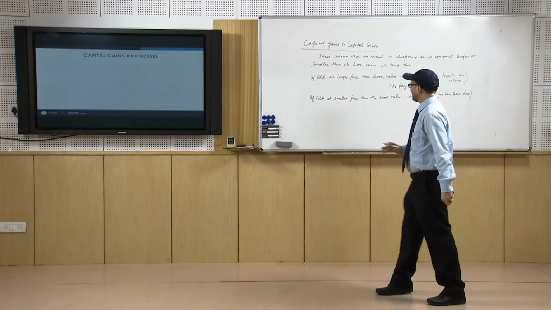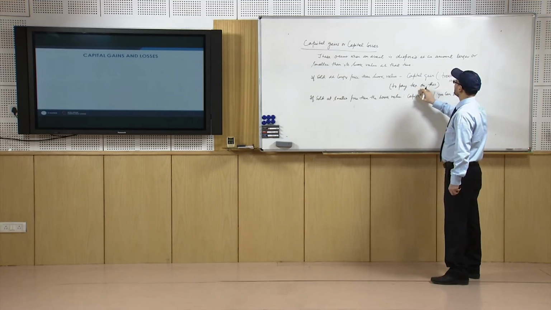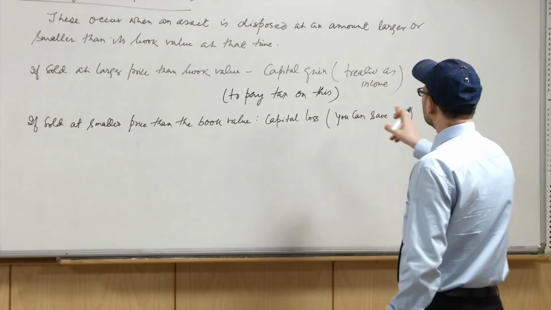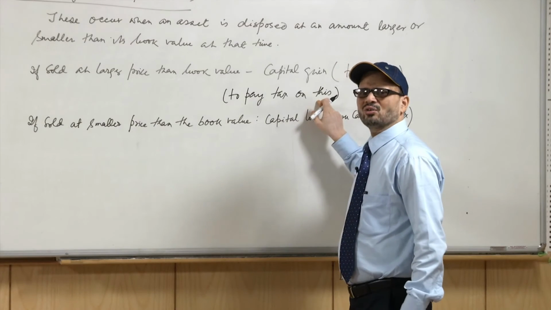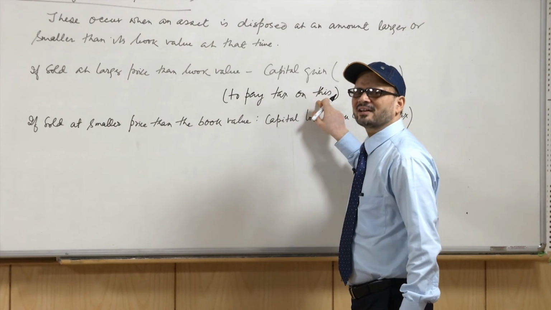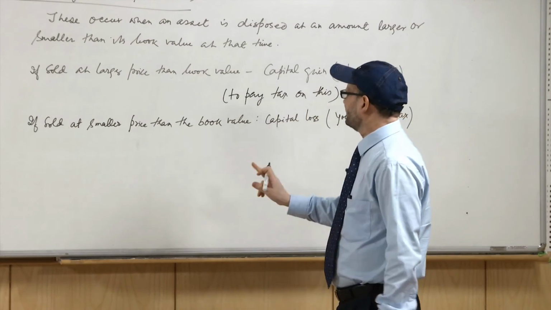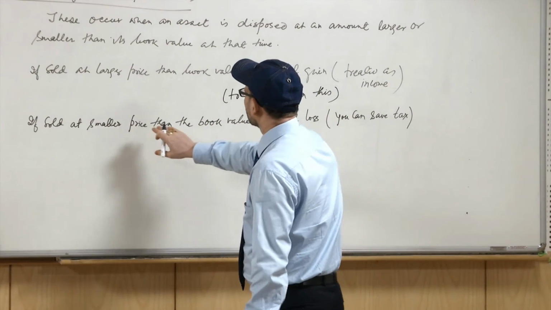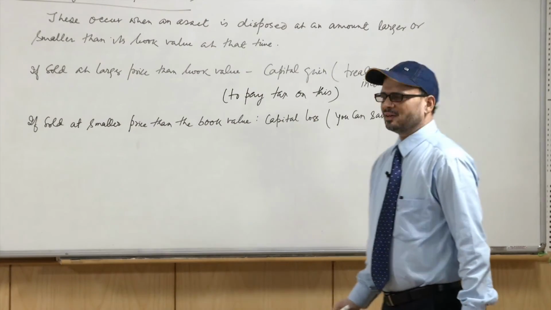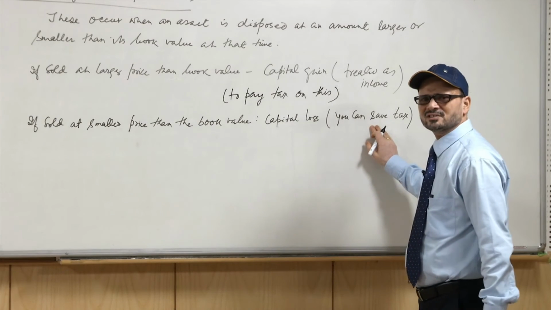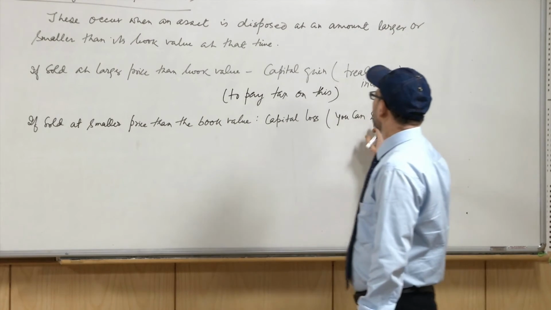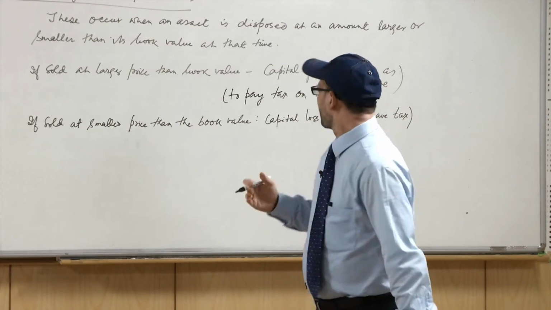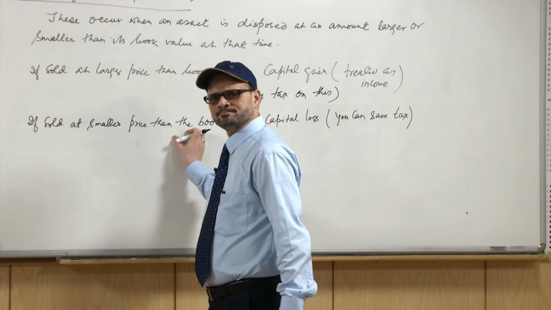Since a gain is treated as income, you will have to pay tax on whatever income you are getting, and if you are disposing of it at a smaller price, in that case you can show a certain percentage and get a benefit in terms of the amount you are losing.